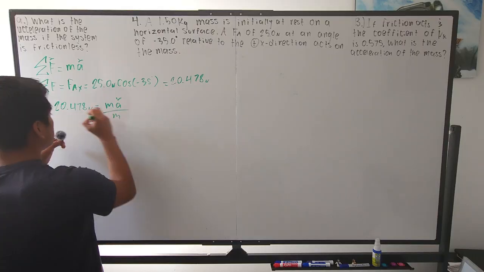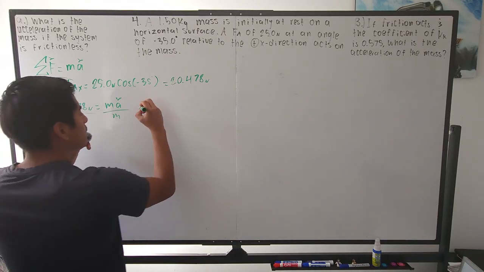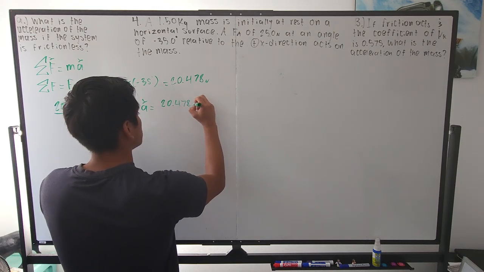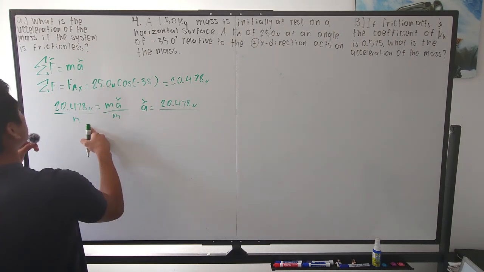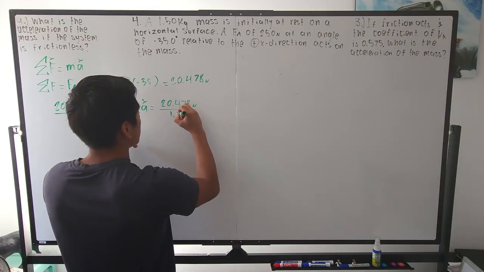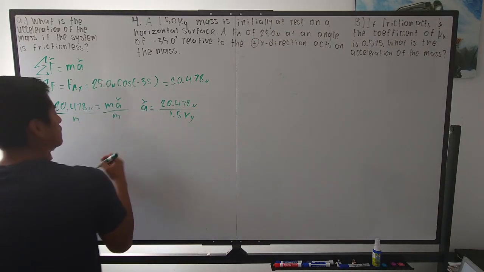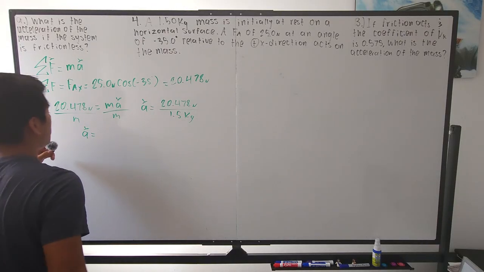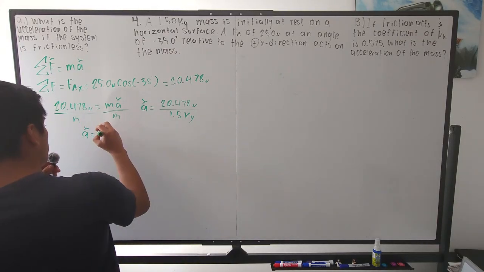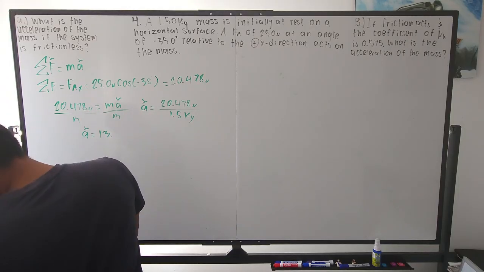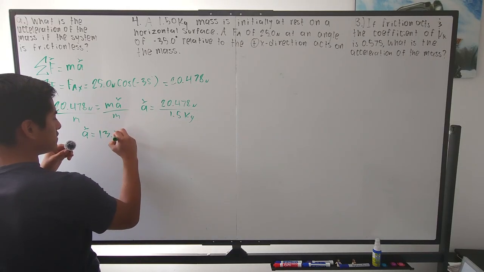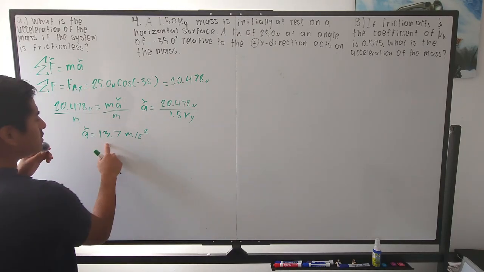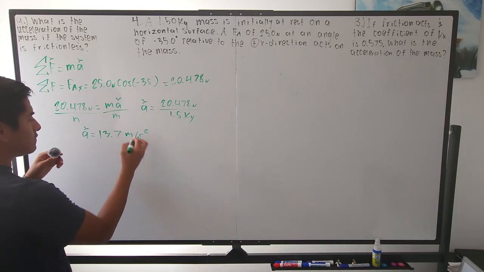So you divide by the mass, then your acceleration is just equal to this 20.478 newtons over the mass, which is 1.5 kilograms. So for A, just plug this into your calculator and you'll get that the acceleration of this mass, if this system is frictionless, will be 13.652, but I'll round, so 13.7 meters per second squared.